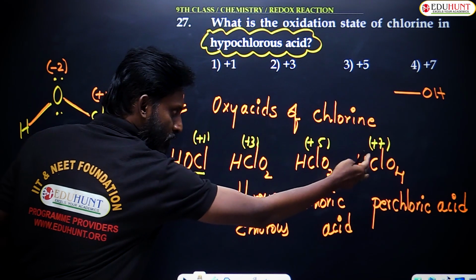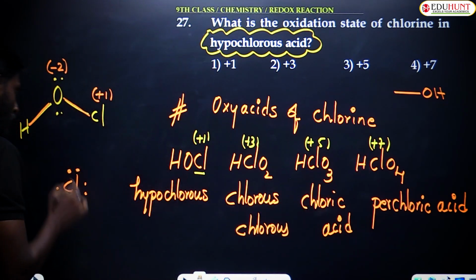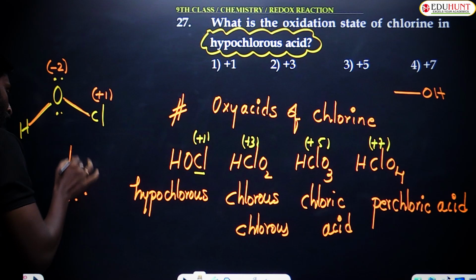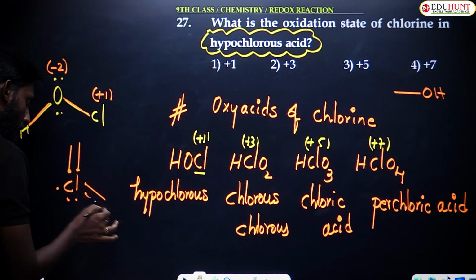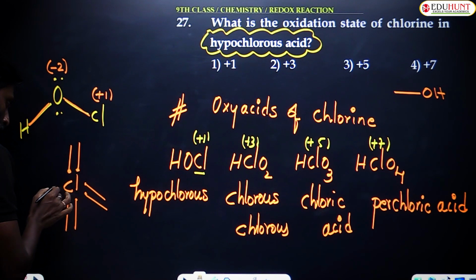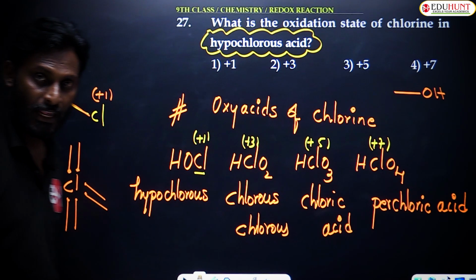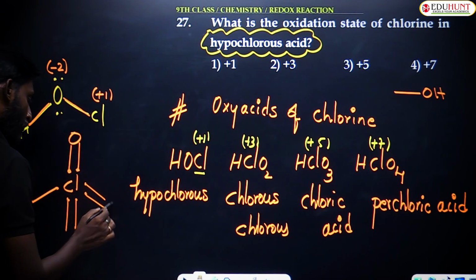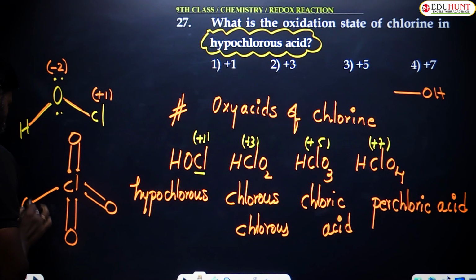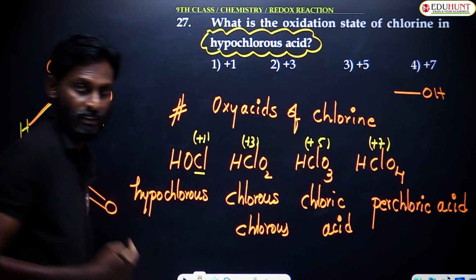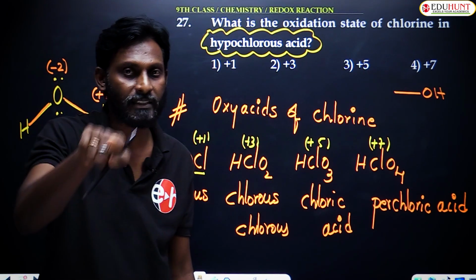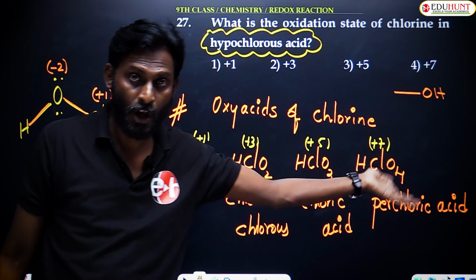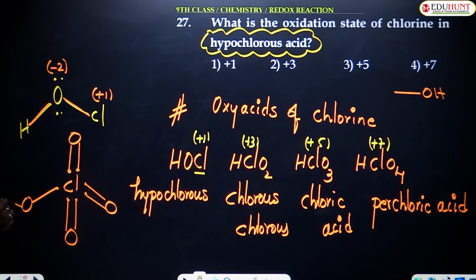And if you want to draw the structure for HClO4, first of all, it is having 7 bonds like this, and there are 4 oxygens, 1, 2, 3, 4, and there is 1 hydrogen which is supposed to be present in the form of OH because it is an oxyacid.